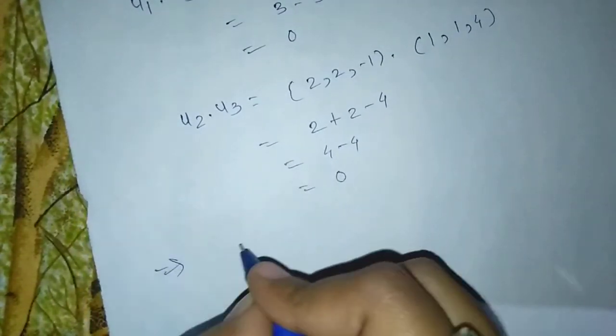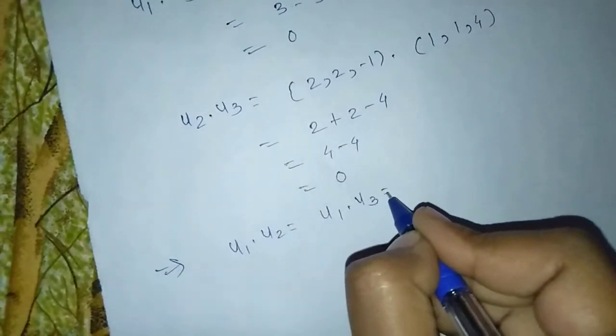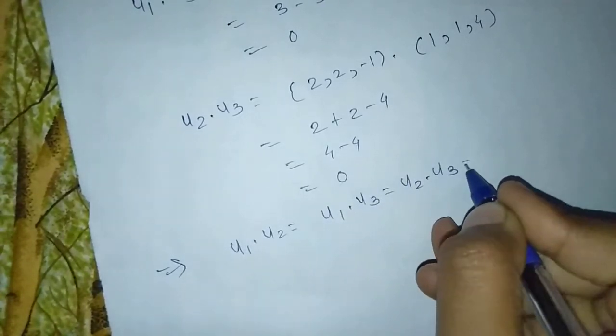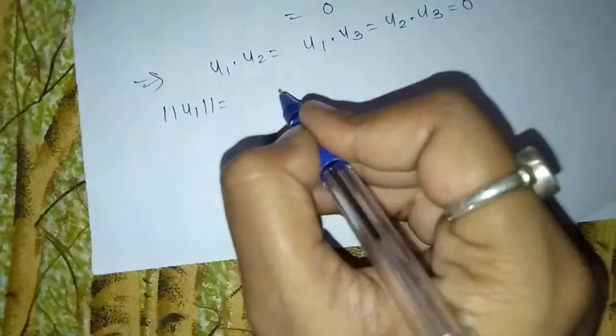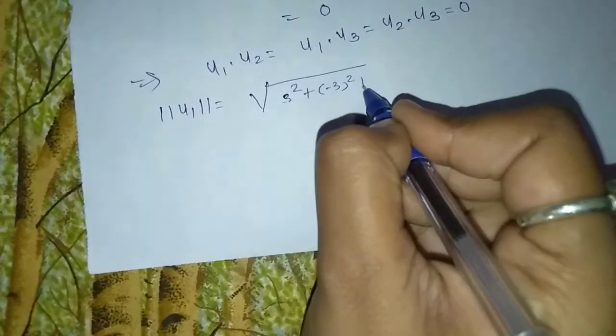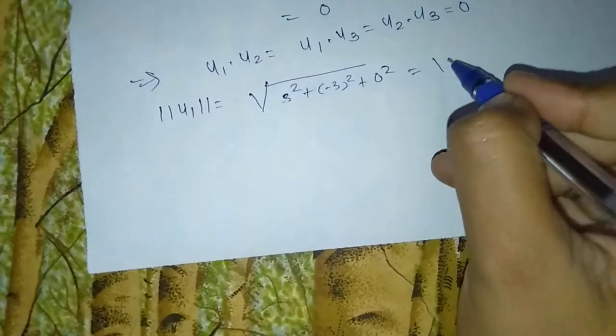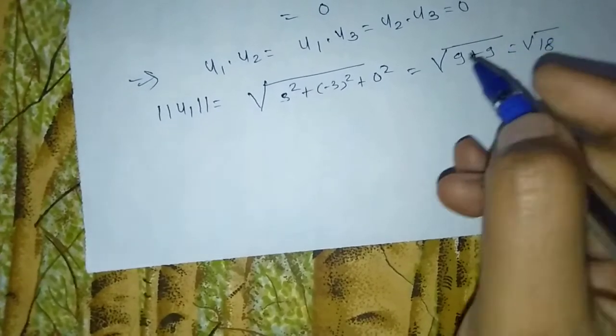So here we get U1 dot U2 equal to 0, U1 dot U3 equal to 0, and U2 dot U3 equal to 0. Now calculate the norm of each vector. Norm of U1 is equal to the square root of 3 squared plus (-3) squared plus 0 squared, which is 9 plus 9, equal to the square root of 18.